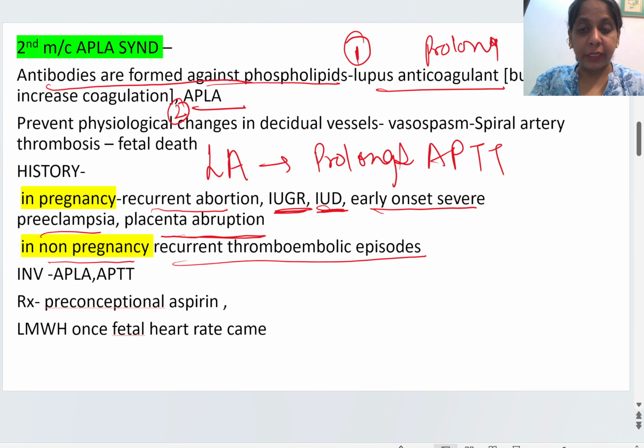Okay. So the treatment of it is, preconceptionally, if we have diagnosed it, then we will give aspirin, and low molecular weight heparin is started only once the fetal heart rate has come. Okay.